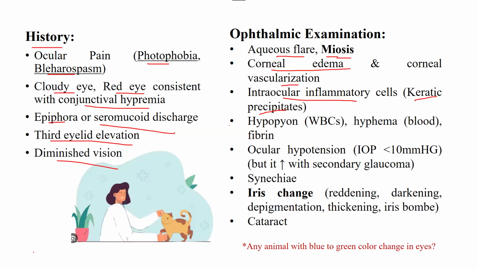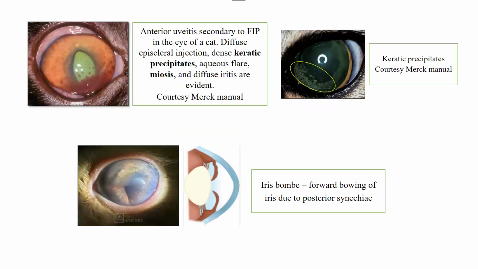Let me show you the image of keratic precipitates. Do you see this image over here? These all are keratic precipitates. Similarly, this whole area is keratic precipitates, where the inflammatory cells stick to the cornea and these precipitates are formed.